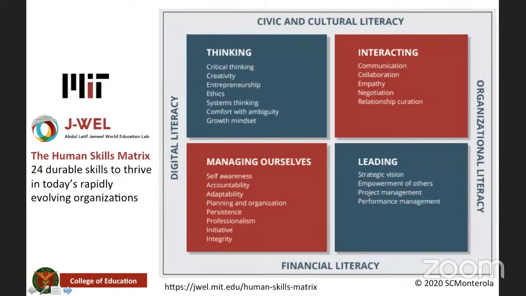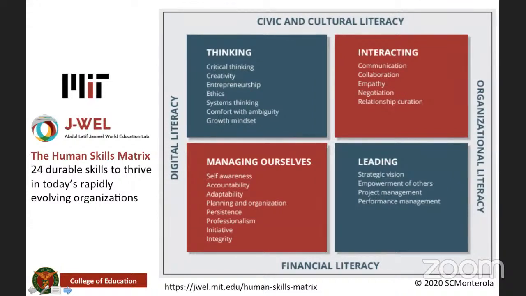What you're seeing here is that the skills are categorized into four: how we think, how we interact, how we manage ourselves, and how we lead. So these are durable skills. Even after university, these skills will really matter.